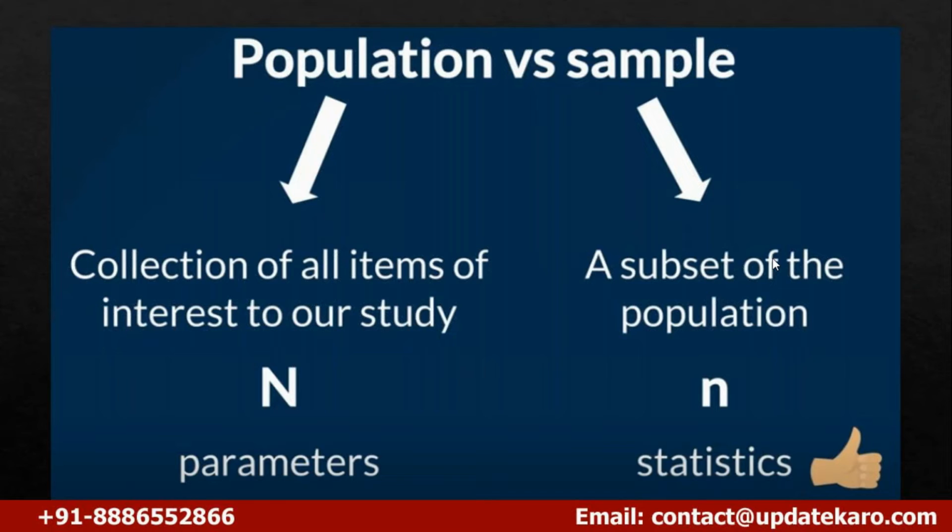Population is the entire range, and a sample would be just a part of that population which we select. Yeah, absolutely. Thanks, Nikhil, thank you very much for the reply. Paul is saying the total number of students is called the population, and a sample would be a randomly chosen collection of items. Yeah, to some extent. What you are telling is fine, but I was asking for the basic definition.